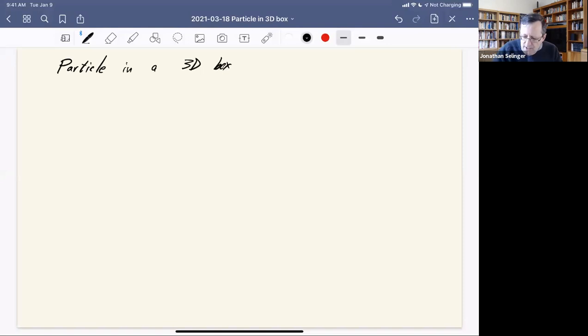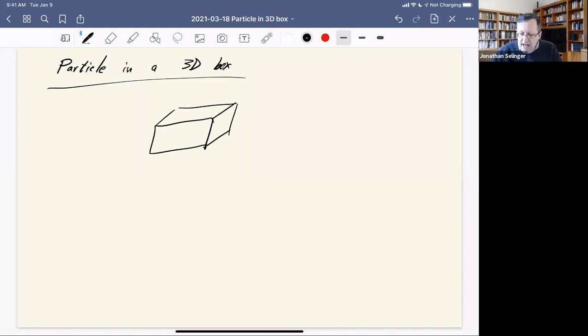Let's suppose we have a rectangular geometry, like a typical shipping box. Here x goes from 0 up to a, y goes from 0 to b, and z goes from 0 up to c.